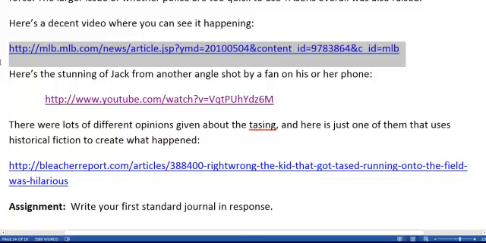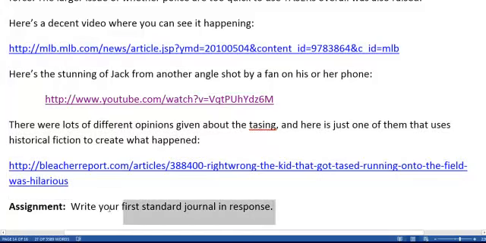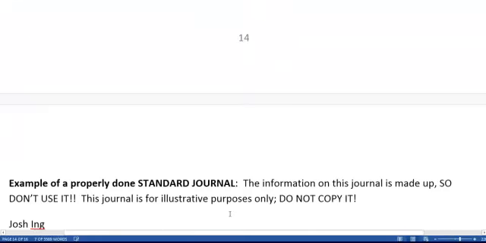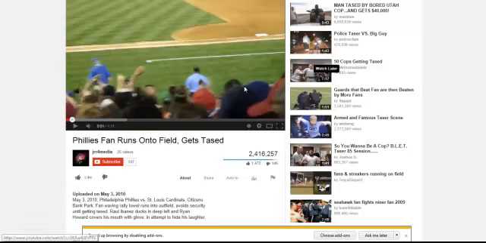And then after they've read the article, in this case watched the 2 videos, they're ready to write their first standard journal response, 4-part, where they summarize, they write a PIES paragraph, they pull some quotes or details, they ask a question. And what they produce should look something like this.